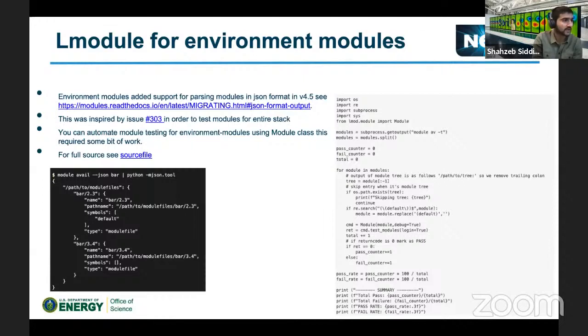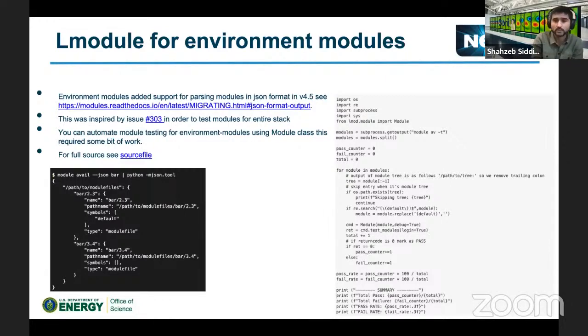And this issue I raised with Javier about having some kind of way, an equivalent to Spider, in order to parse it. So they added this --json option. I'm not sure if this format is going to change over time. So I haven't implemented anything like this yet, but I have a script that I just implemented to parse environment modules output, using module avail, and to test them.